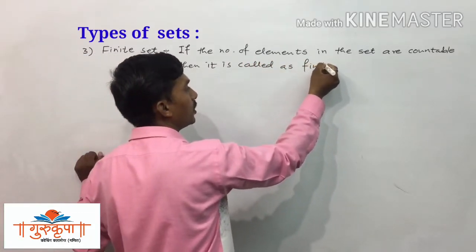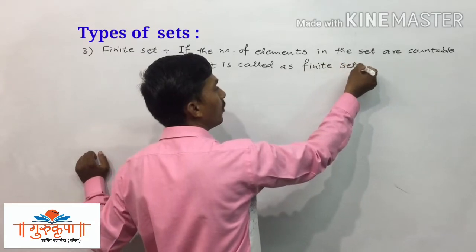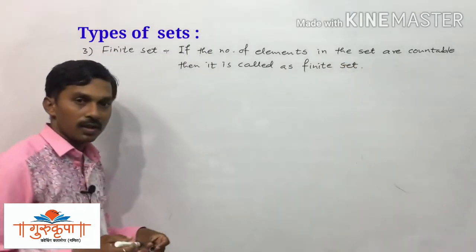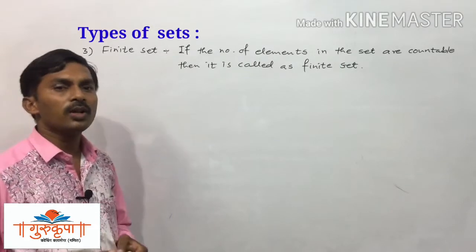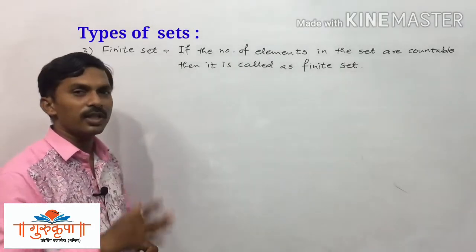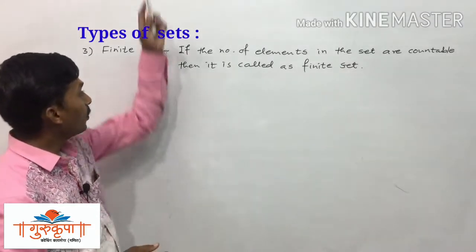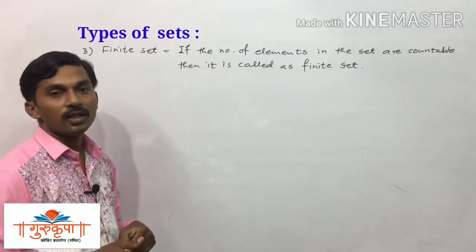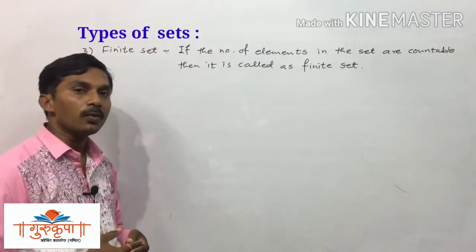Then it is called a finite set if the number of elements are countable. For example, now you can write so many examples. We have just one condition, that the elements in the set should be countable.